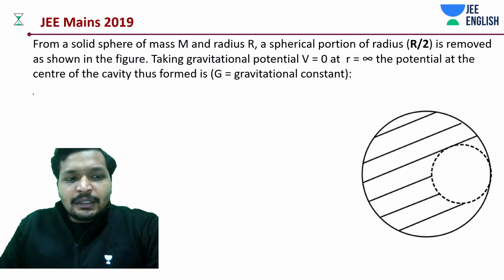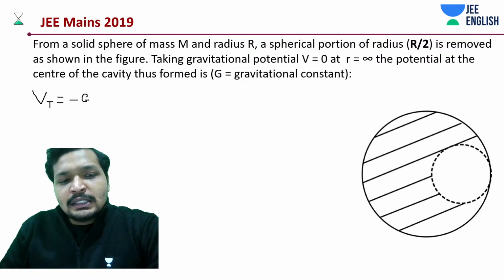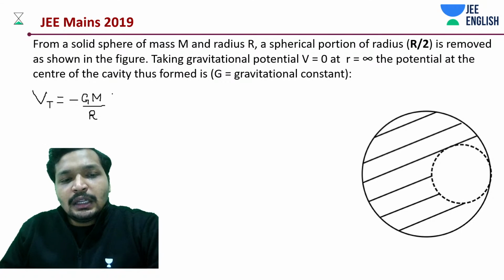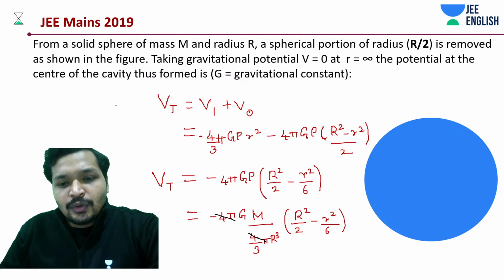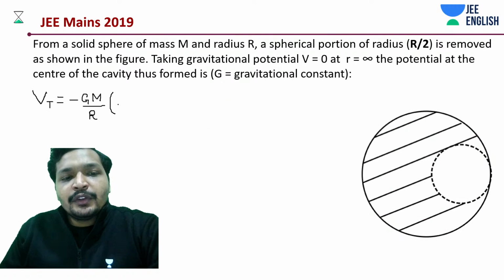So we know something. What is that? V total. Let's write down the equation. Minus GM by r, let's keep it as r, into, okay, I think that should be fine.